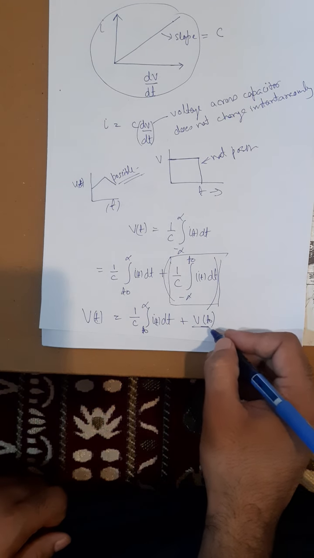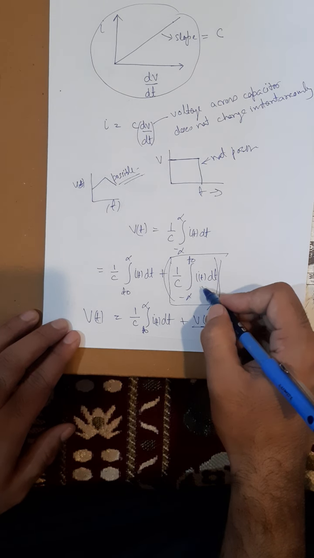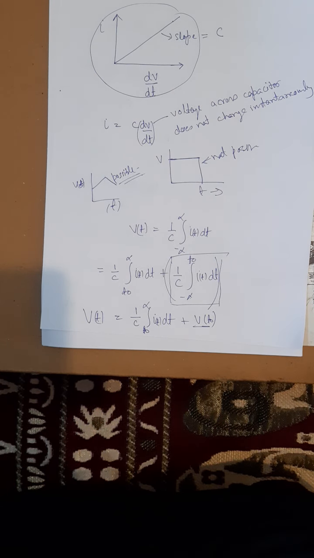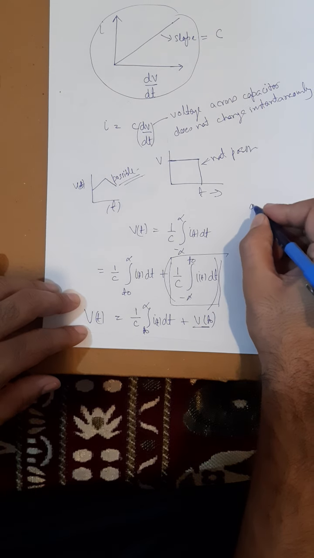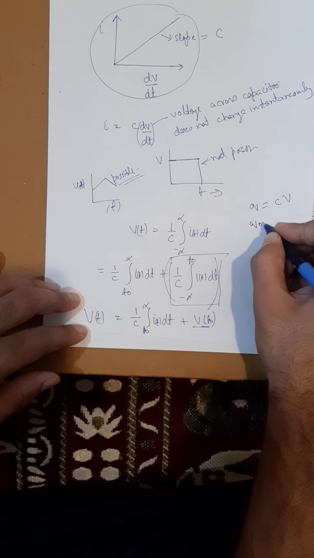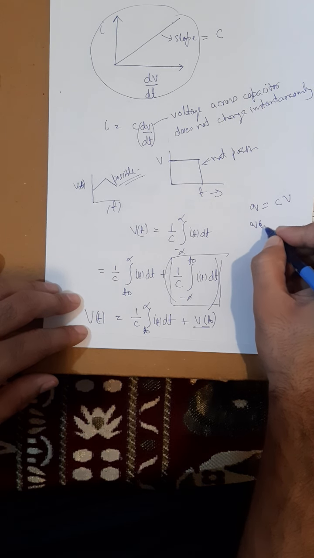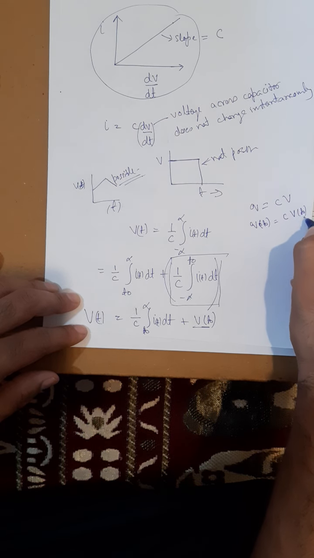Why is there this current in the circuit? Because initially there was some charge in the circuit, since Q = CV. Because of the charge from minus infinity to t = t0, the voltage in the circuit was V(t0).